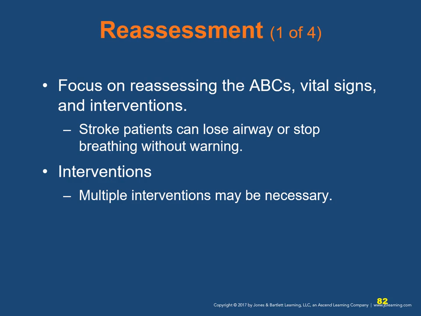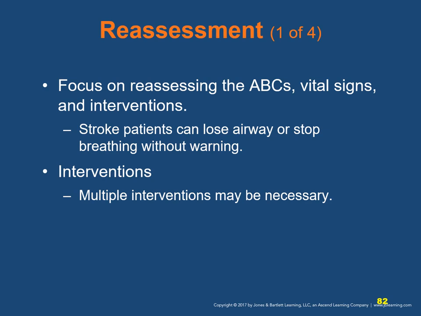In terms of reassessment, when you reach the point of doing a reassessment, you want to make sure you focus on reassessing their ABCs, vital signs, and review interventions that have been provided to the patient up to the point where you have reached the reassessment stage in their care. Patients who have had a stroke can lose their airway or stop breathing without warning.